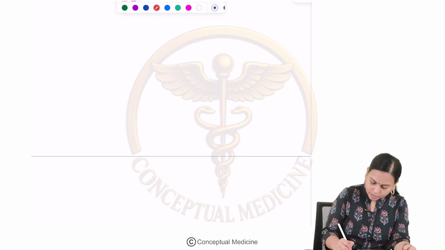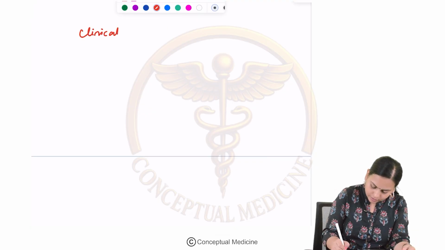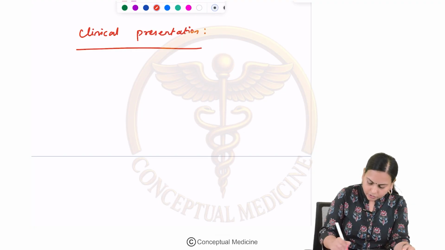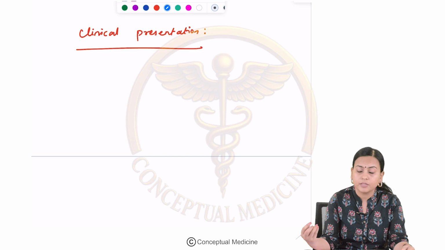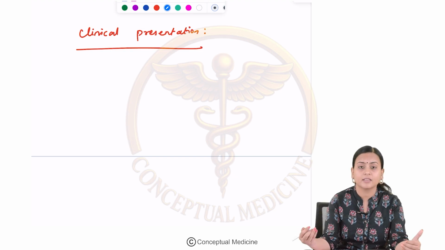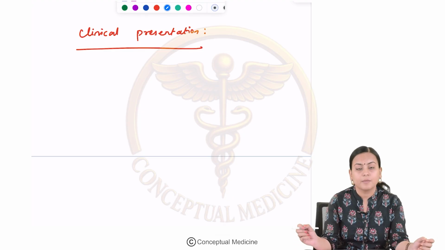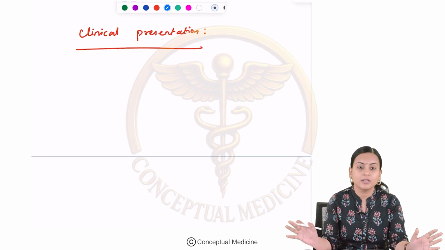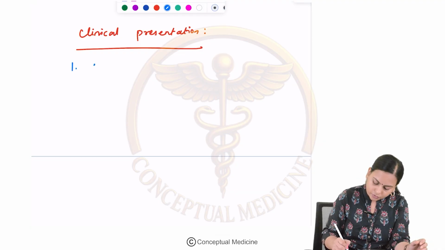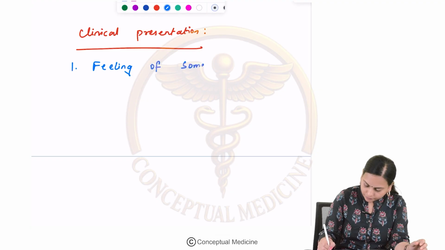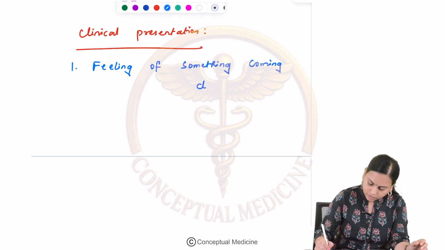Now let's see the clinical presentation, how they will present to you if a person has pelvic organ prolapse. Usually these women will tell you they have a feeling like something is coming out through their vagina. That will be the first and foremost complaint they make to you: a feeling of something coming down per vaginally.